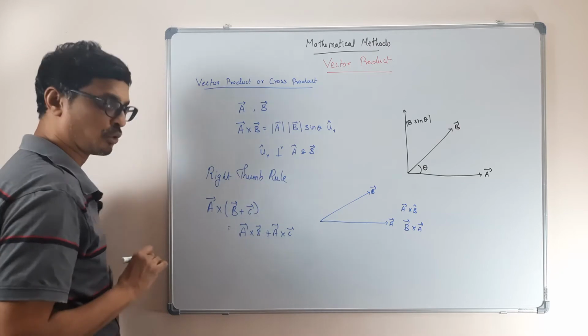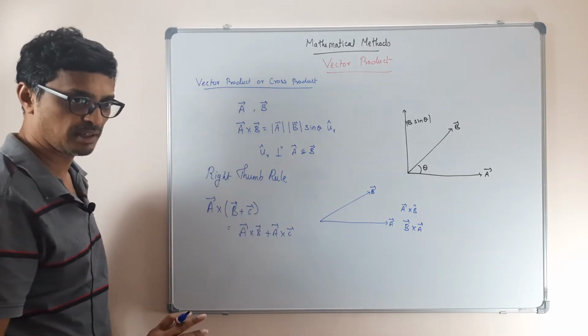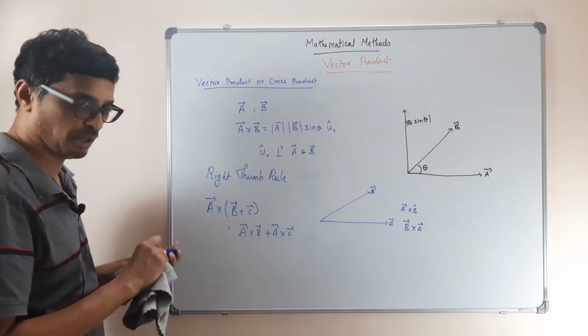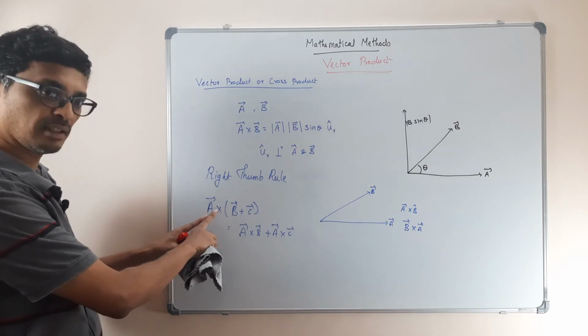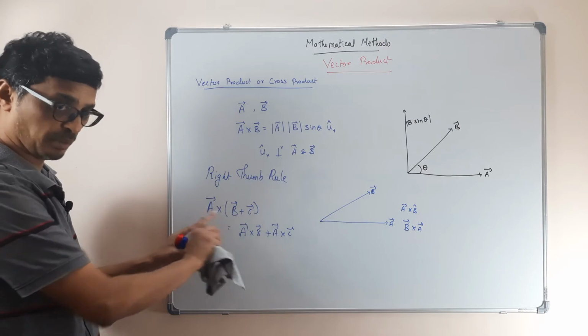We will not go into the proof of it. The proof involves taking different components, and that will be done some other time in later classes. Just remember that the vector product follows the distributive law of multiplication.